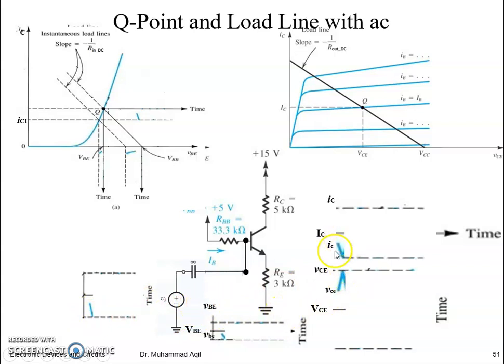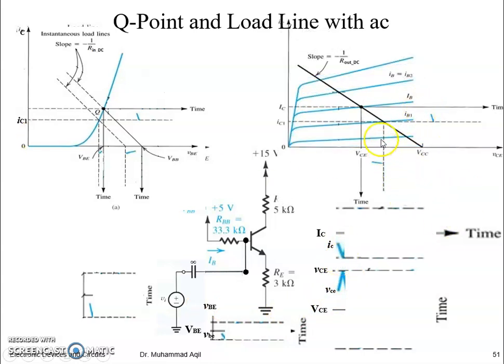So we can show this in our characteristics curve. This was your question point, right? When we had only DC supplies, DC VCE, all capitals, DC IC, all capitals. When IC decreases from this point, the total IC, because of negative AC collector current, is reduced.